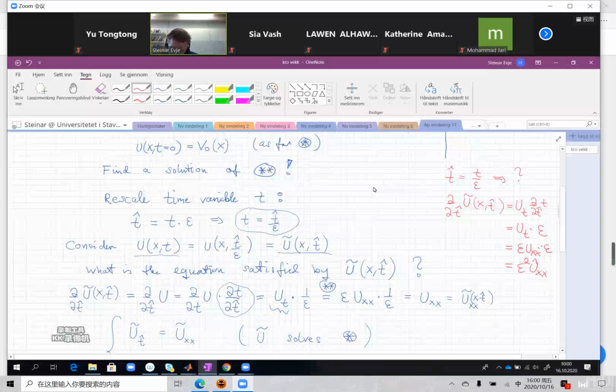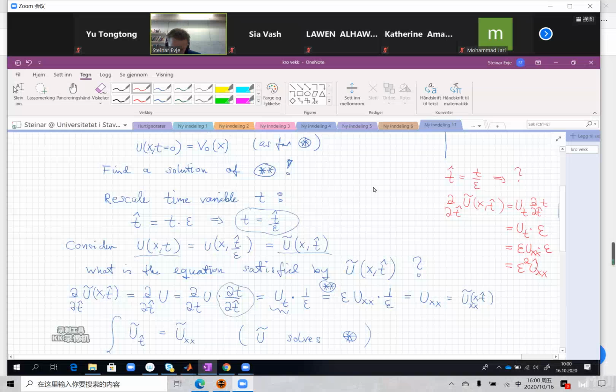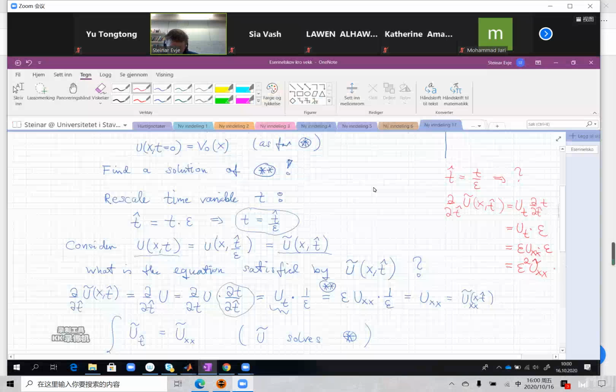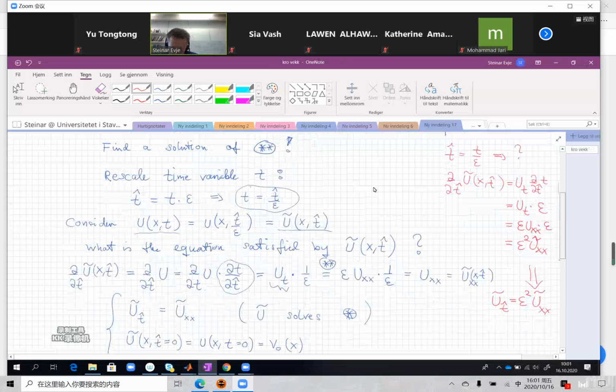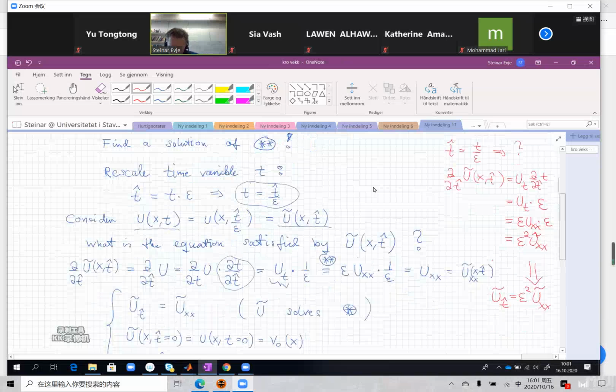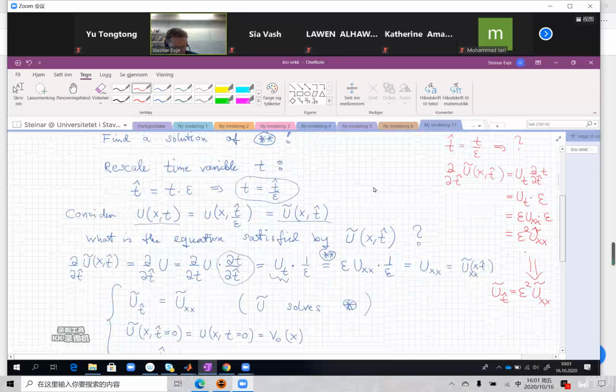But since u and u tilde both have the same variable x, that will be equal to epsilon squared u tilde xx. What came out of this rescaling was that we identify an equation for u tilde, but it just introduced another epsilon.